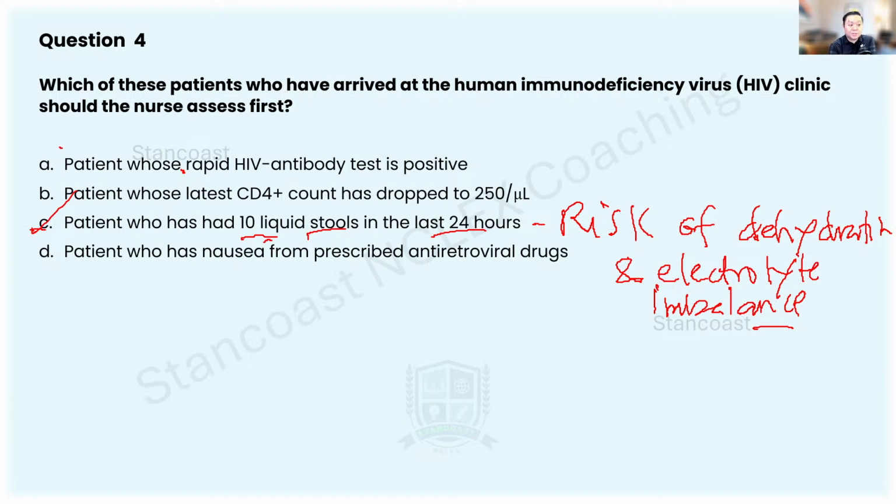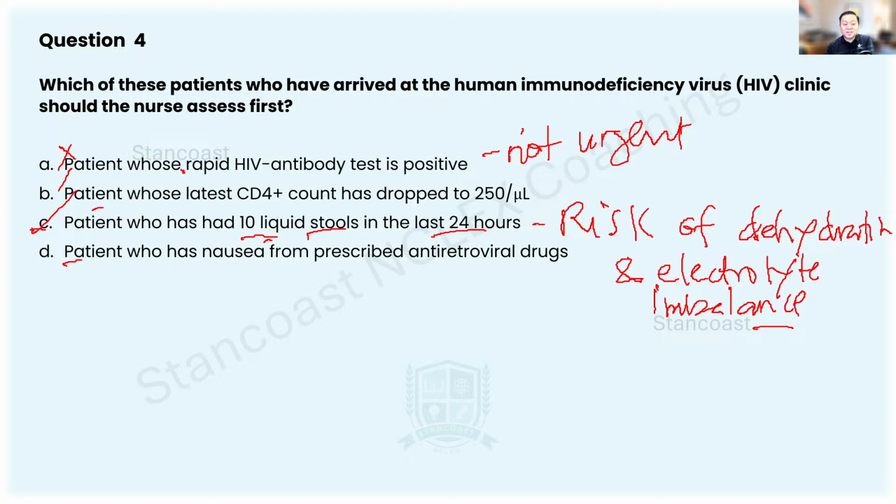So we are eliminating this. This is not urgent. Letter B, patient whose latest test of CD4 count has dropped to 250 per microliter. Yeah, that is a significant drop as well, but it will not require immediate assessment compared to the letter C. Eliminating that one.